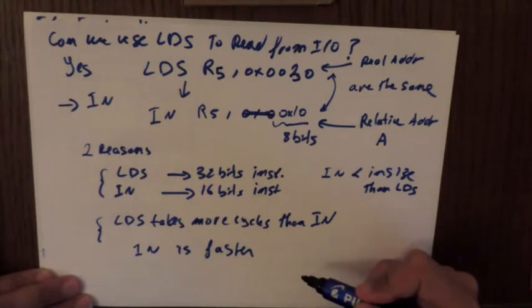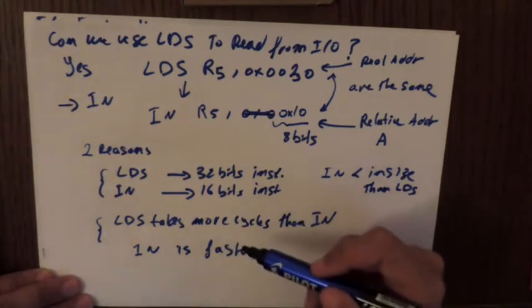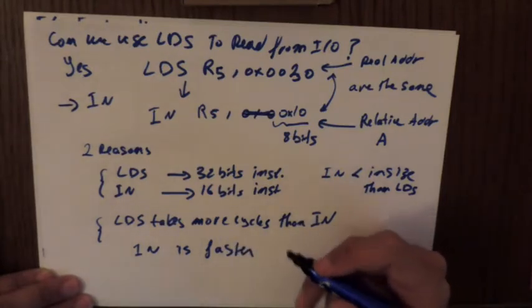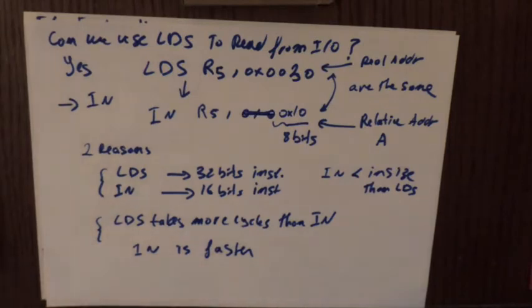So this is why we use IN when dealing with IOs. And IOs are frequently existing in our program because they are our settings, they are our inputs and outputs, which deal with the outside world. So this is why we need fast operation, and we need an operation that does not take so much time.